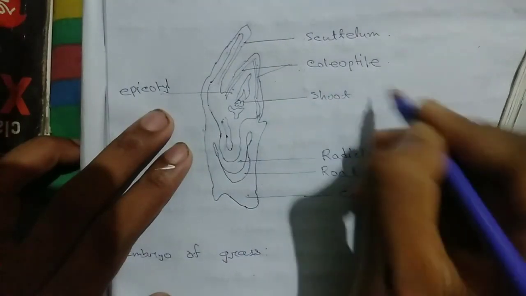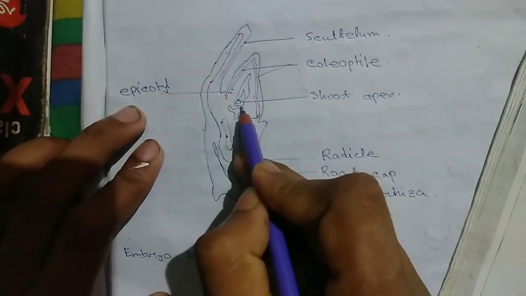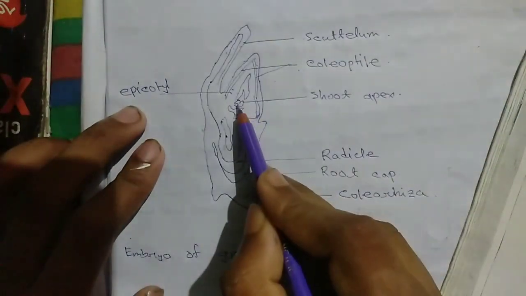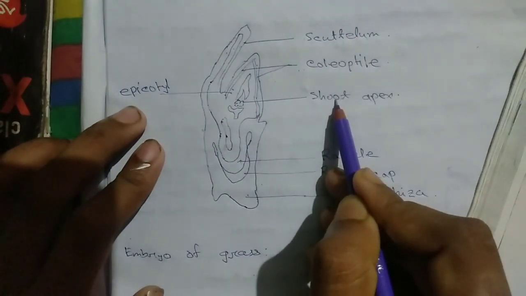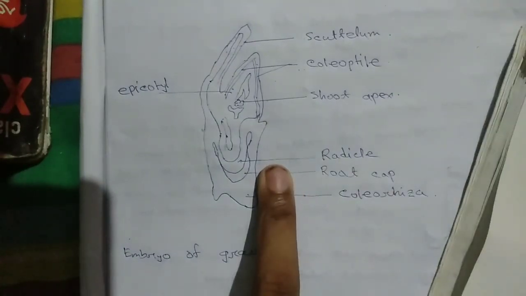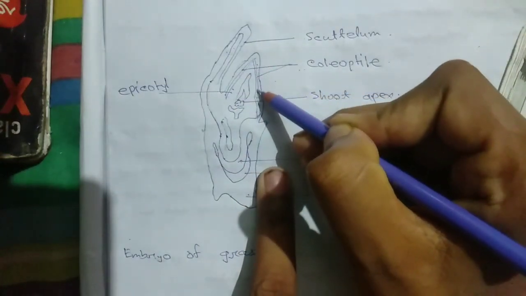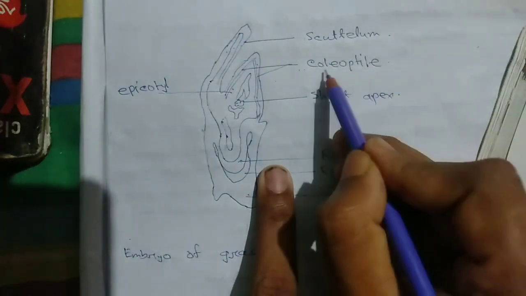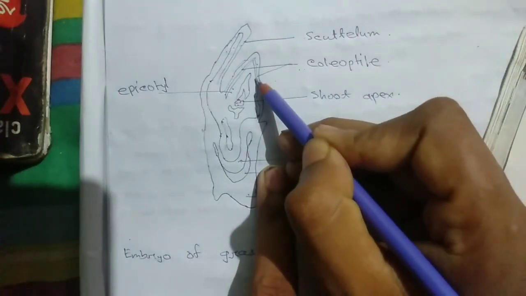With this shoot apex, a leaf primordial structure is present, which is known as the coleoptile.